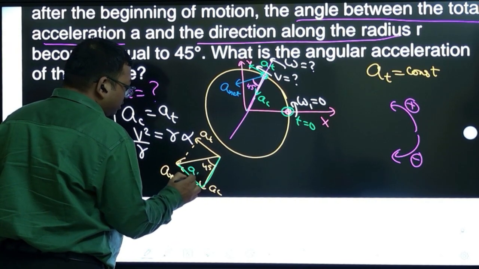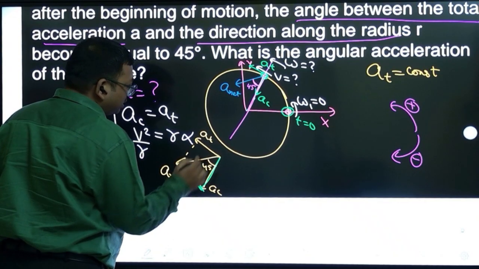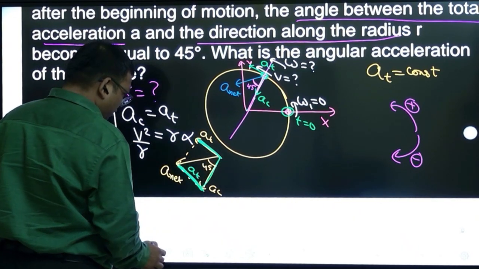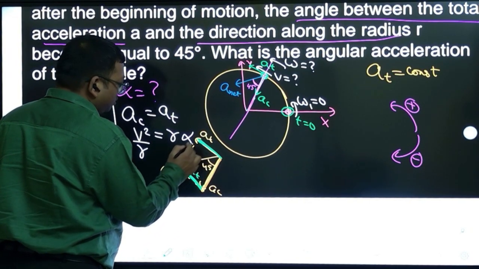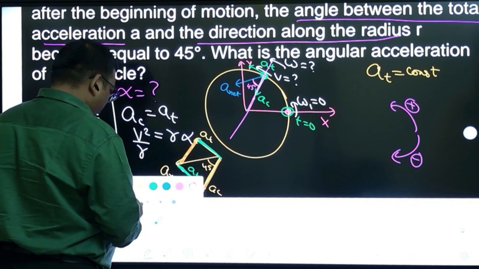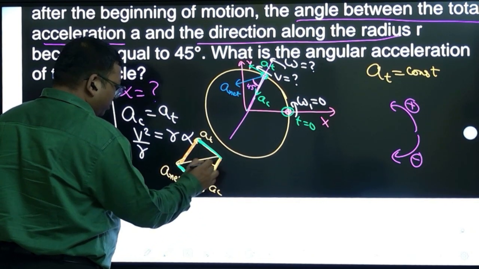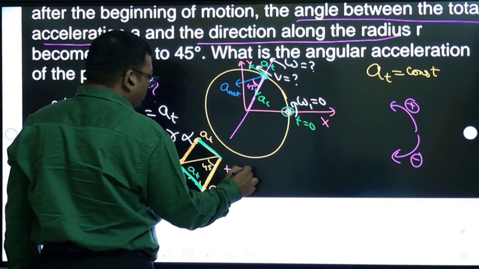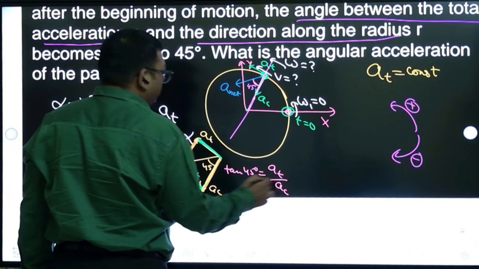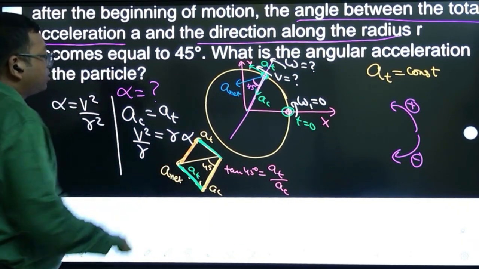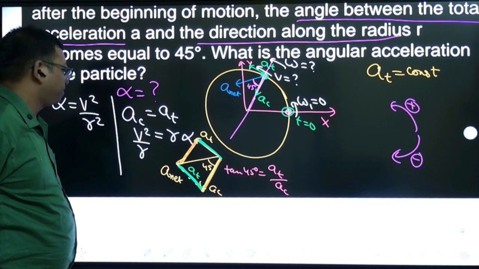This is a parallelogram, so this is tangential and this is tangential, and this is centripetal and this is also centripetal. Tan of 45 degrees is tangential by centripetal. Tan 45 is 1, so they are equal.